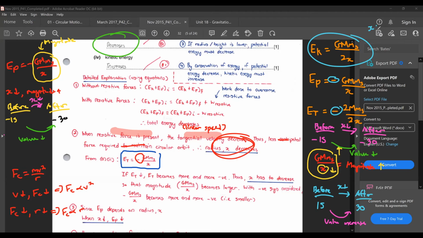If your X is dropping, we know that your magnitude increases, and because there's no negative sign, you can also just say that your value is increasing. So kinetic energy increases. This one is just by you looking at the equation itself.